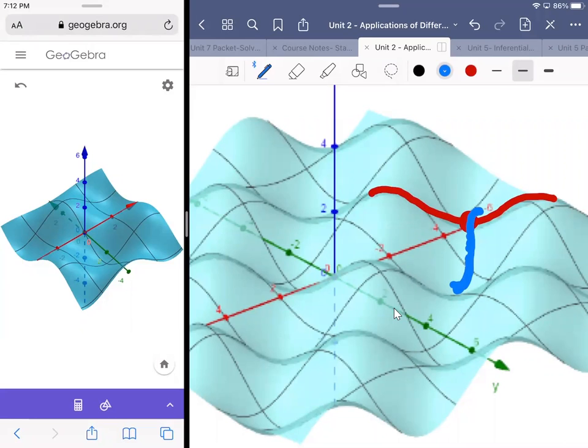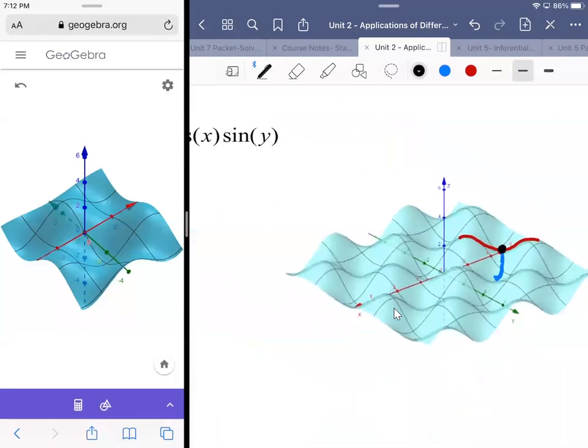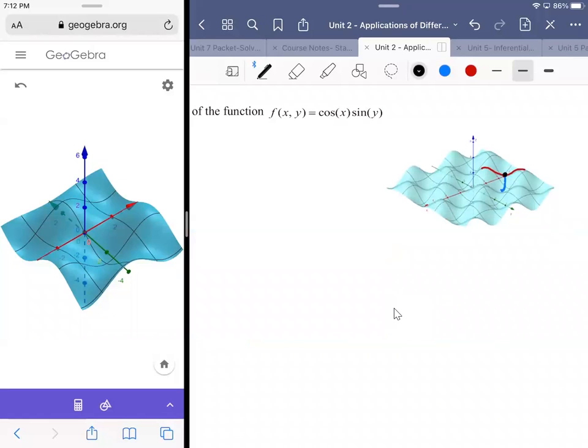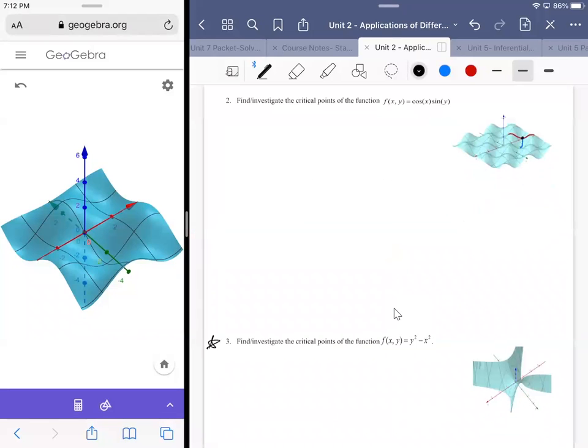Those instances would be saddle points, right? They're going to come up in the process of finding critical values, where you have points that are neither minimums nor maximums, because they're both, if that makes any kind of sense, depending on the direction you're coming from. All right, so that's what we've got to investigate. We've got to get unique points that represent the local min, local max, and saddle points, because we know they're there.